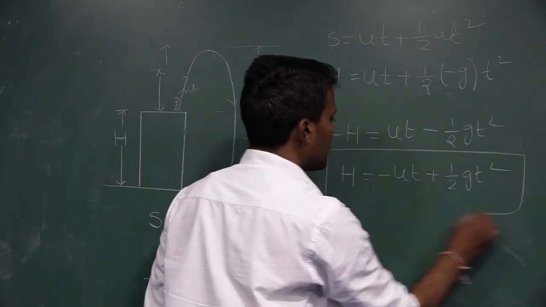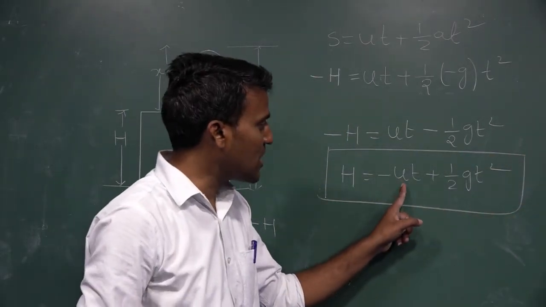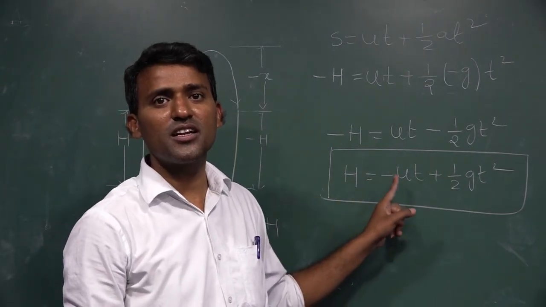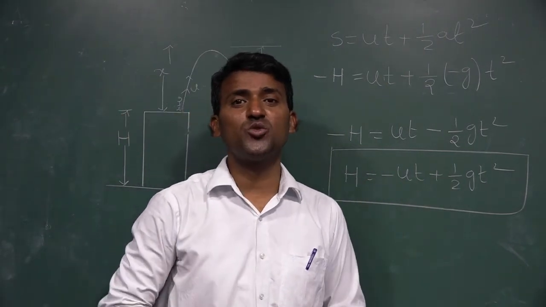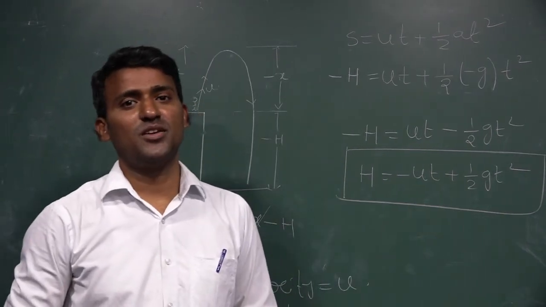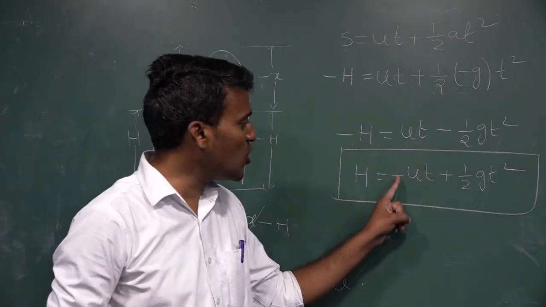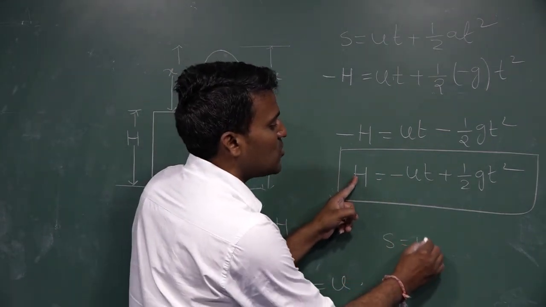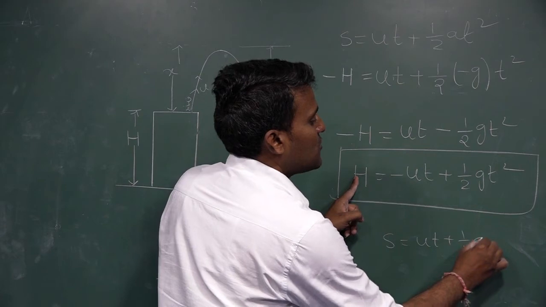If you know the initial velocity and time, you can calculate the height of the building. But most of the students make mistakes. The mistake is without taking this minus sign, they simply do the problem as s is equal to ut plus half at square.